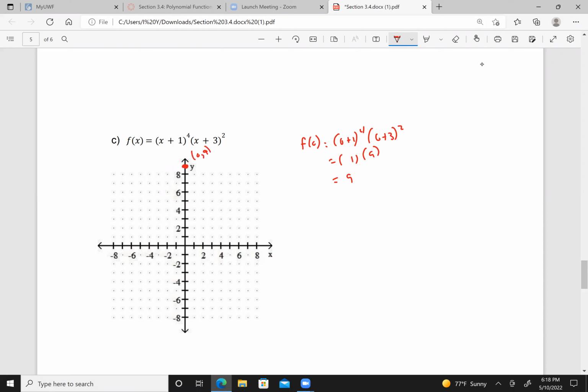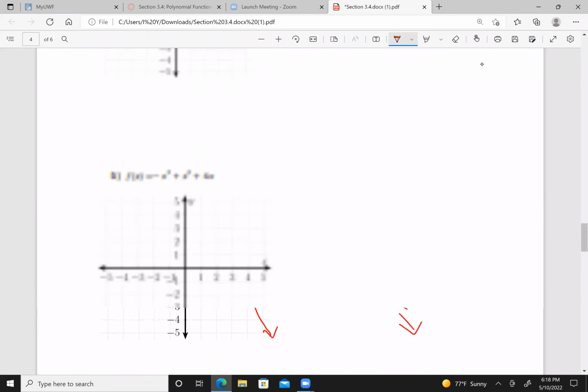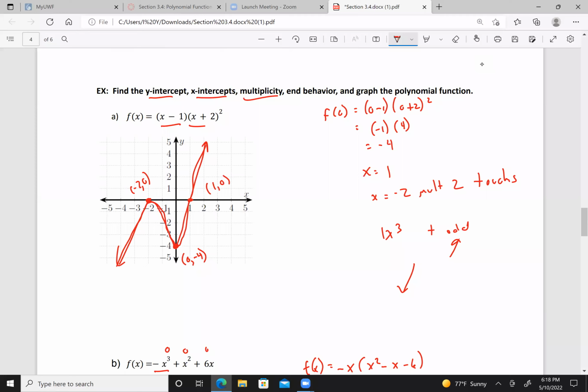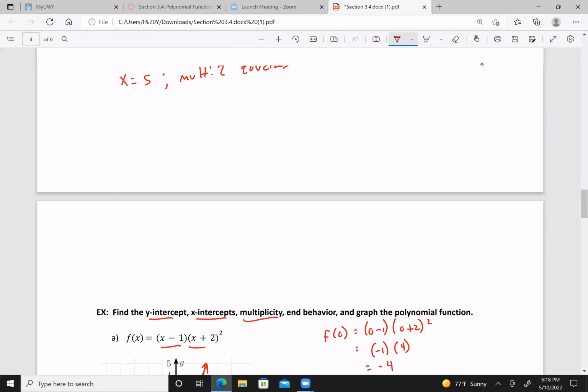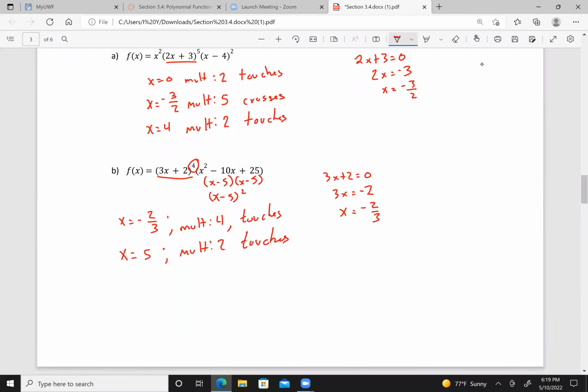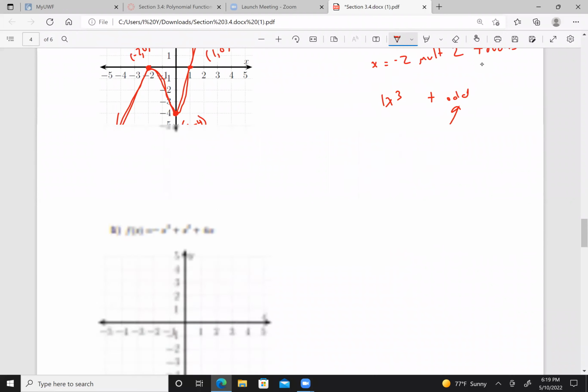0, 9. Our zeros, we have x plus 1 equals 0, x equals -1, and our multiplicity is 4, which means touches, correct? Even is touch. Yes, even touches.